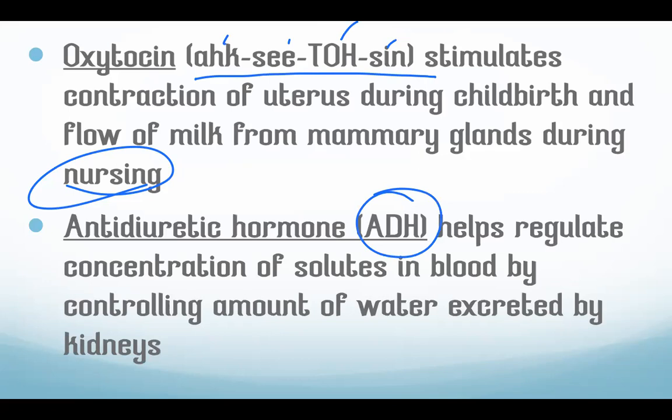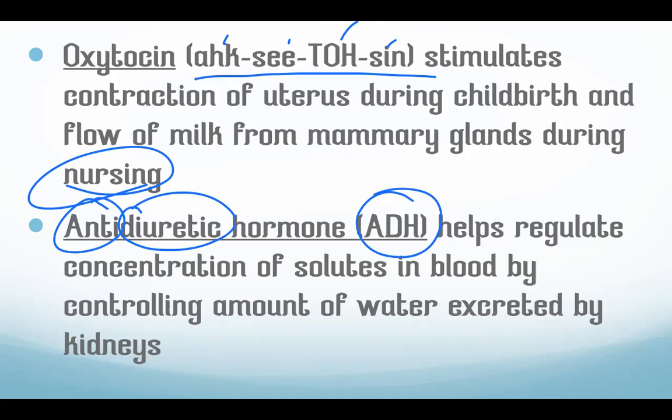I just want to look up diuretic. Diuretic: causing an increased passing of urine. Okay, I thought so. Just wanted to make sure. So a diuretic means it makes you pee more. So antidiuretic means it makes the amount of urine production less.